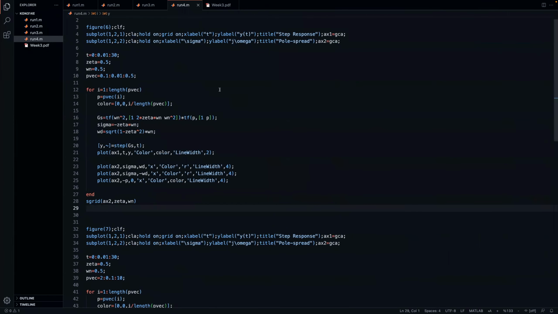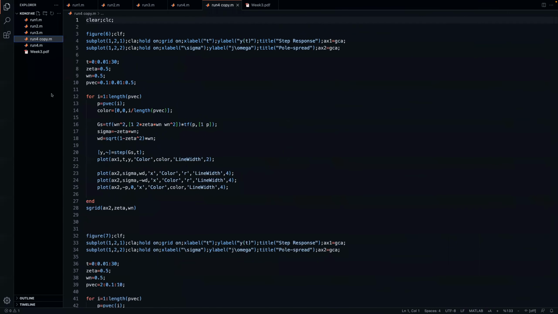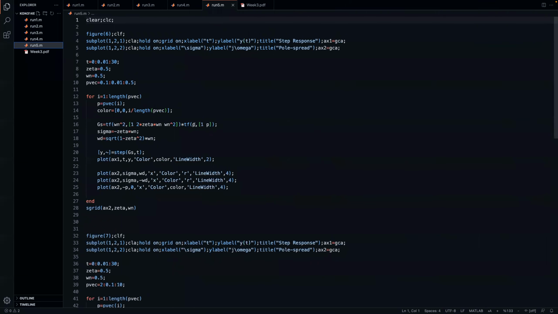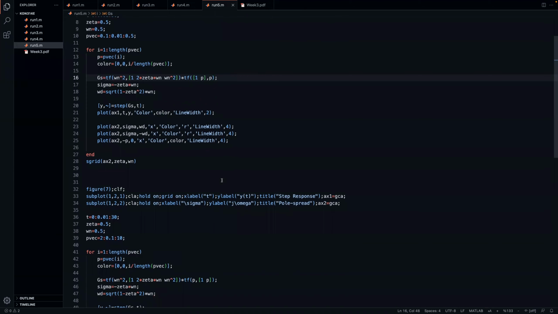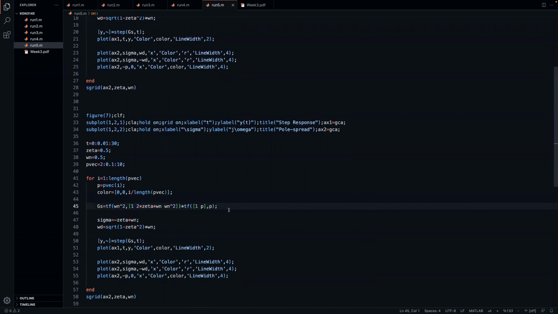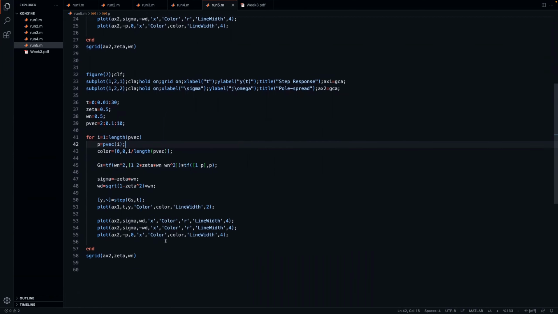Let me quickly copy run 4 and rename it to run 5, and just invert the transfer function here. I'm going to be a lazy person now. I'm not going to rename everything to 0. I'm just going to treat this as if it were a 0, because I've just inverted it. It should be an effect of 0.